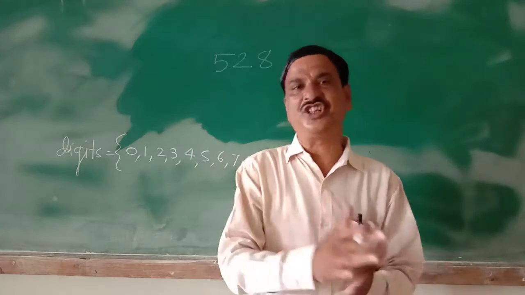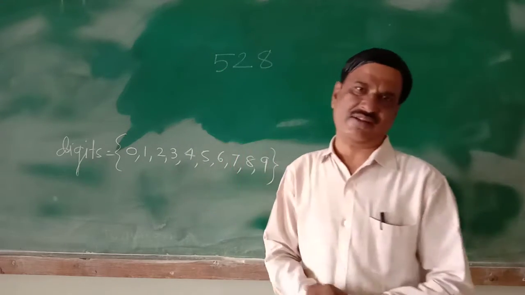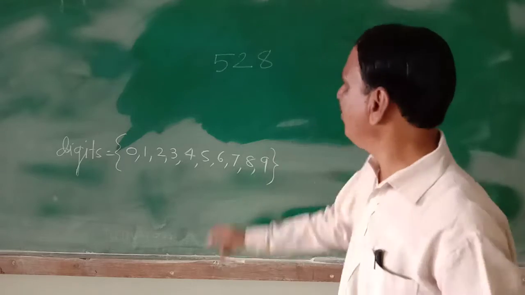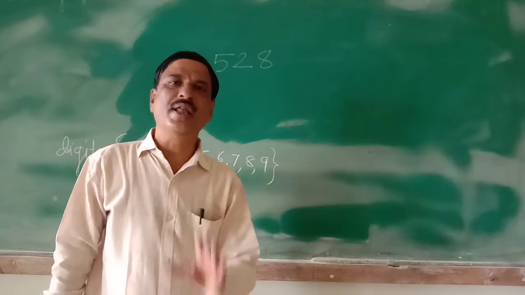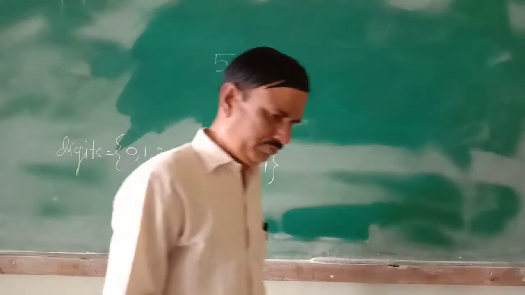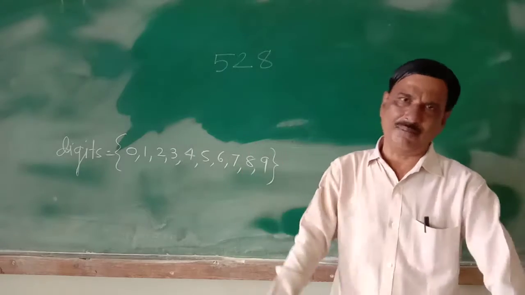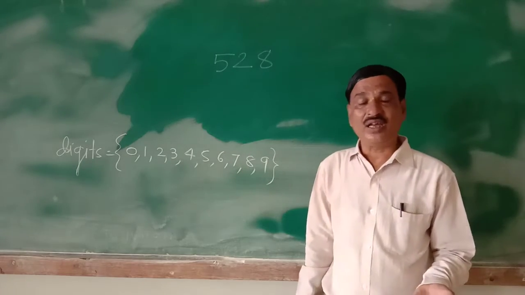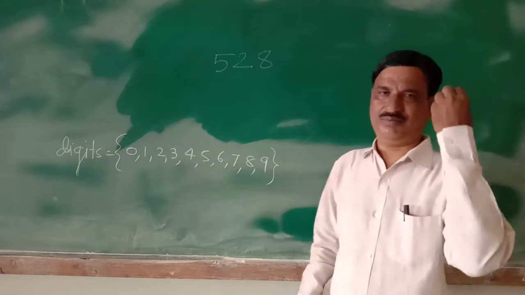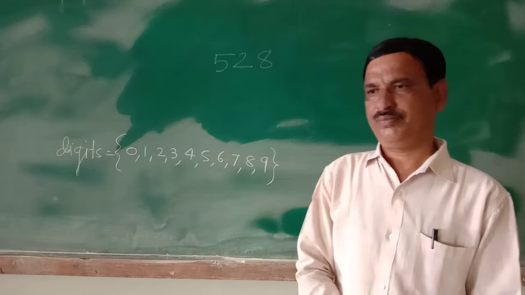So this number is called 528. This number is called a decimal number. What is this called? Number, no doubt it is a number. But more specially this is called a decimal number. Why is it called a decimal number?